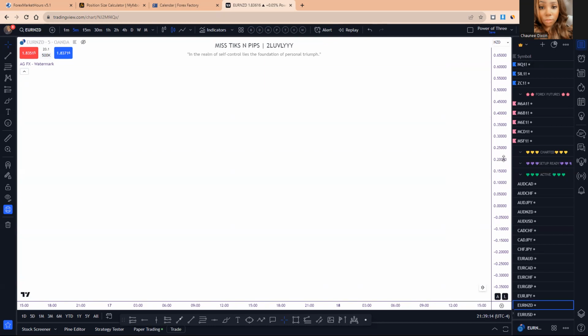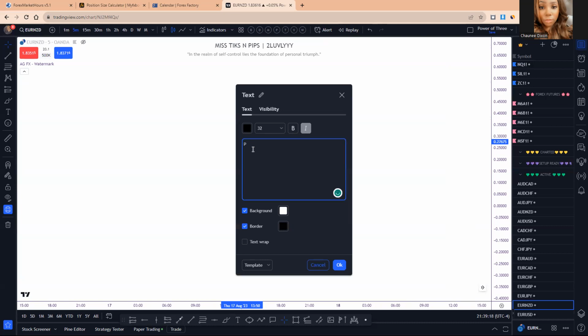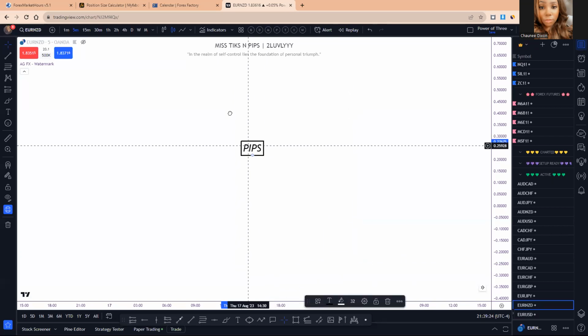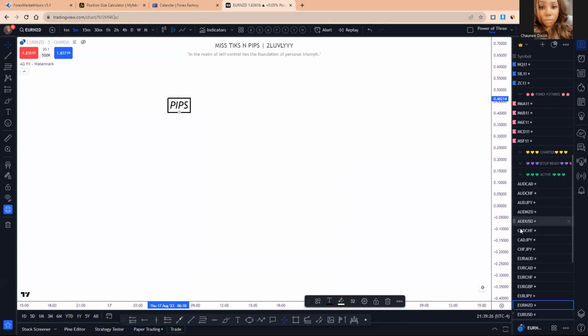So we measure currency pairs in pips. Pips are what we use to measure the fluctuation from one price quote, down or up, to another. So how do you calculate pips, and how do you know how much a pip is worth?